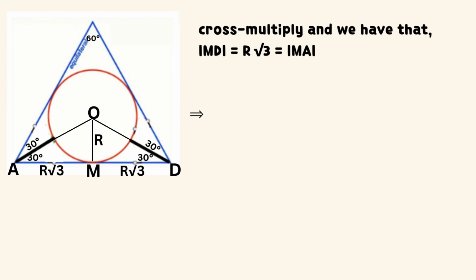Cross multiply and we have that line MD equals the product of R and the square root of 3, which equals line MA.